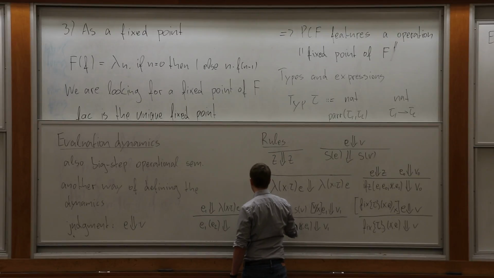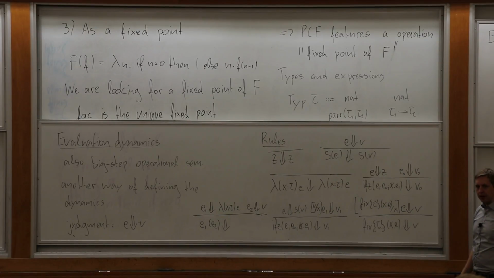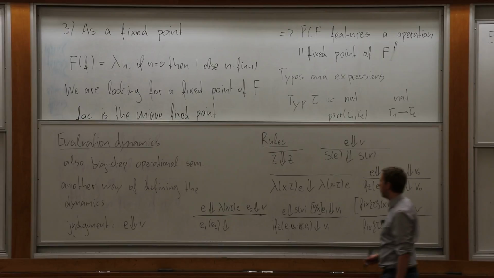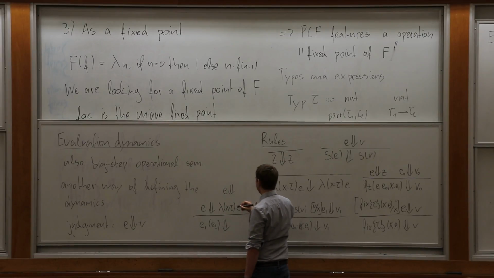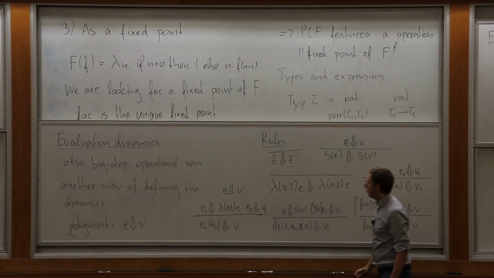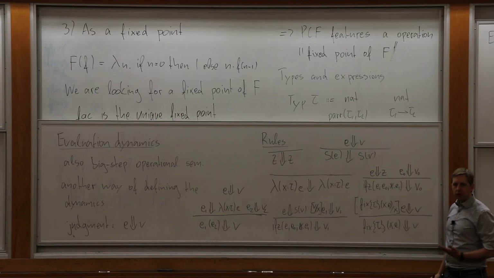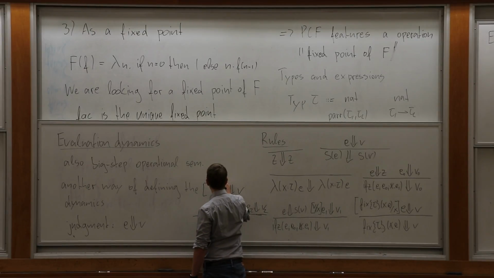Get some value v, and then we have to evaluate the function body. That's the third thing we have to do. e. Oh yeah, let's call this v2 here. And this is what we want to return. But of course, have to substitute for x the argument, which was v2.